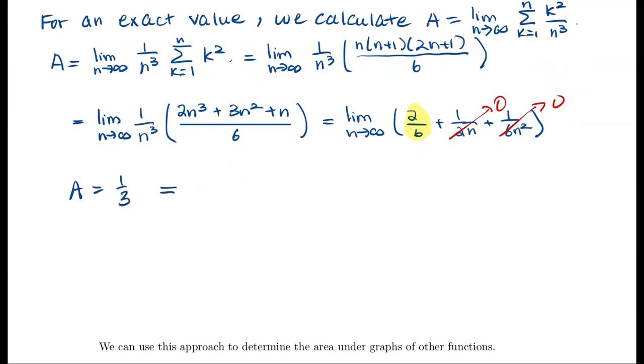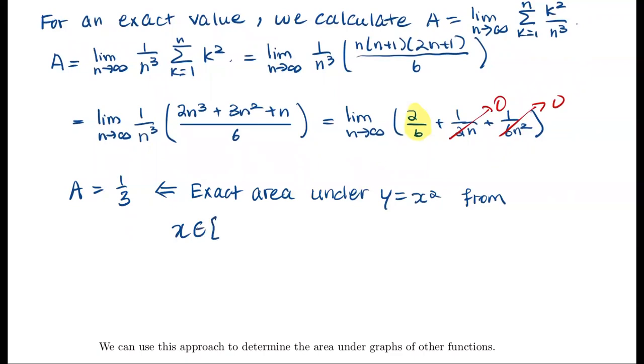This here, this area here, represents the exact area under y equals x squared from the interval 0 to 1. And that's how we could actually approximate areas under the curves.